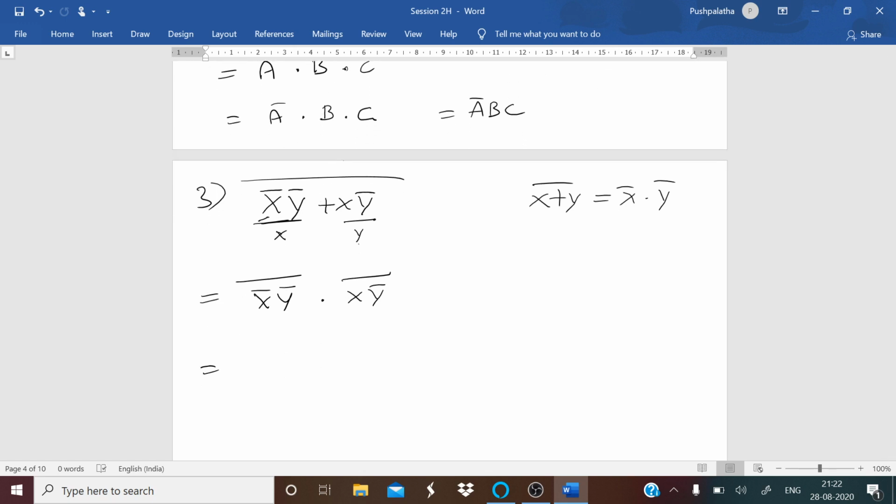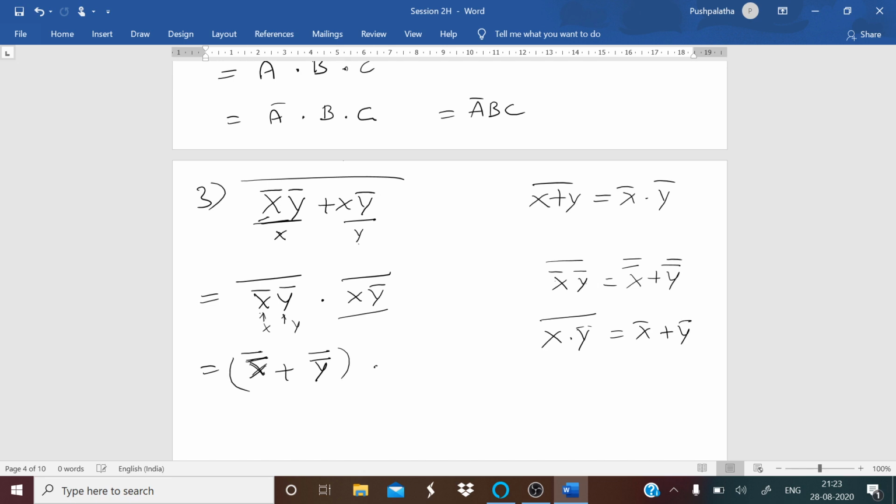X bar. This is in the form of, again, this is your x and this is your y. So x y the whole bar is equal to x bar plus y bar, right? So this becomes x bar, this was your x bar plus y bar into, similarly this is in the form of x into y the whole bar equals x bar plus y bar.